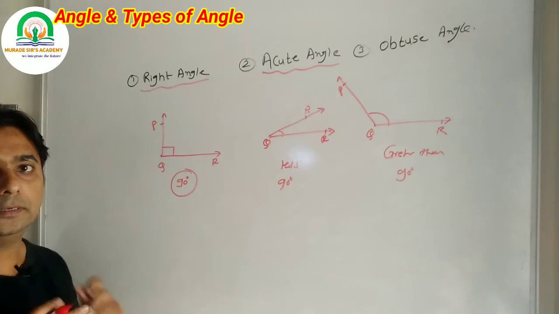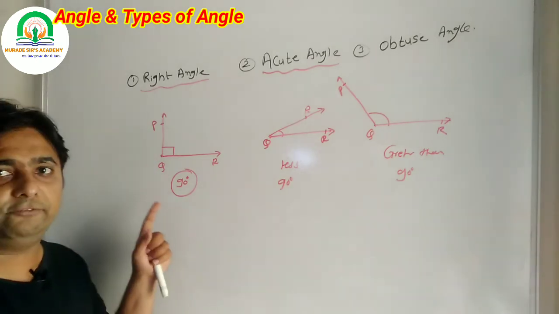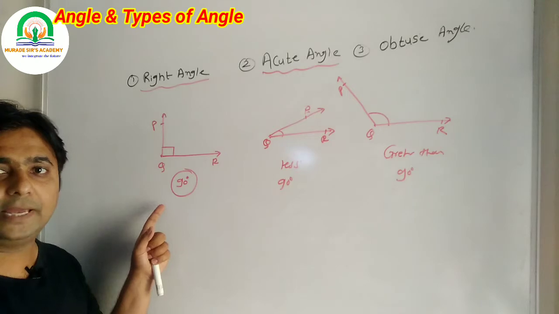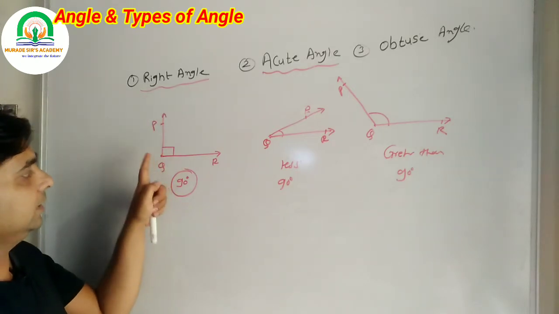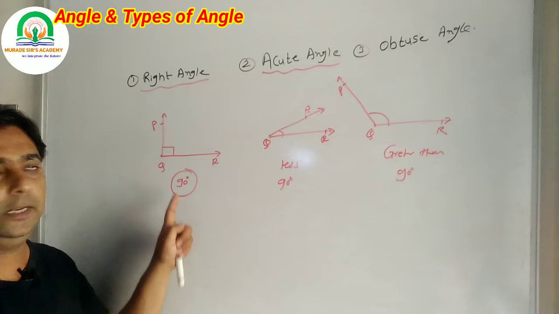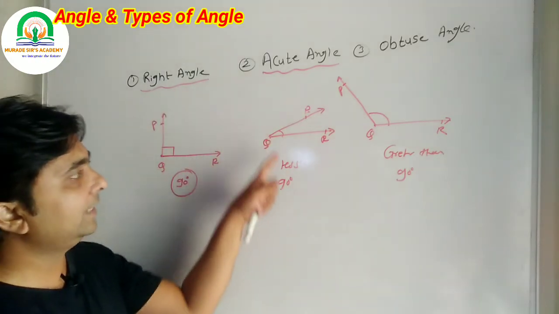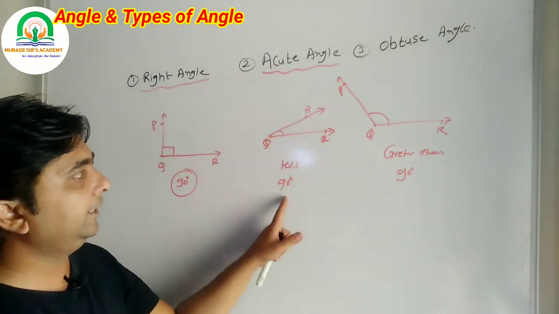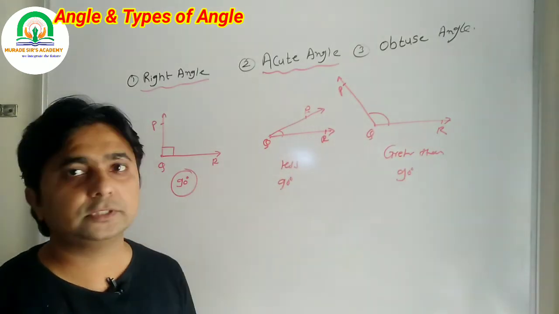The right angle is the reference: if the angle made by these two rays is equal to 90 degrees, it is a right angle; if less than 90 degrees, an acute angle; and if greater than 90 degrees, an obtuse angle.